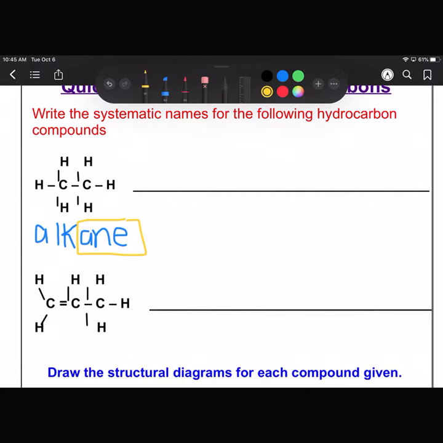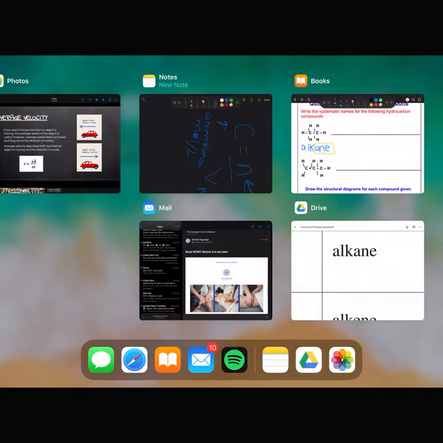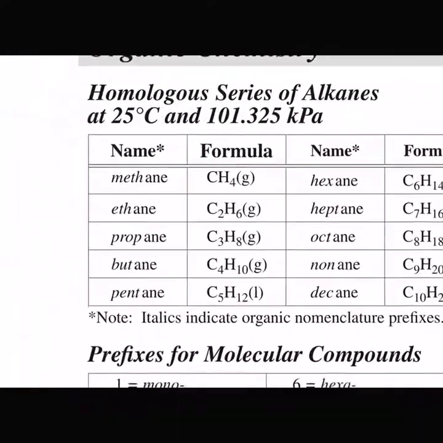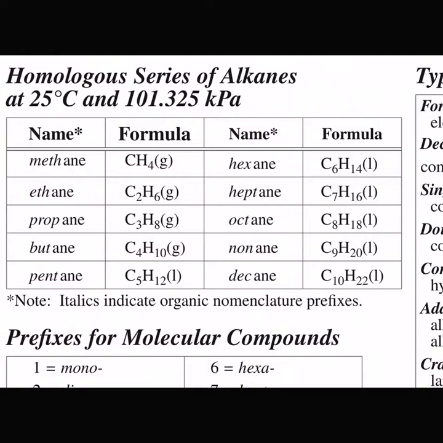Next, our next step is to figure out how many carbons are there. So we count out our carbons, and our chain is 2. So we go over to the table here in our data booklet, and we can look at this little table at the top. The italics indicate the numbers.